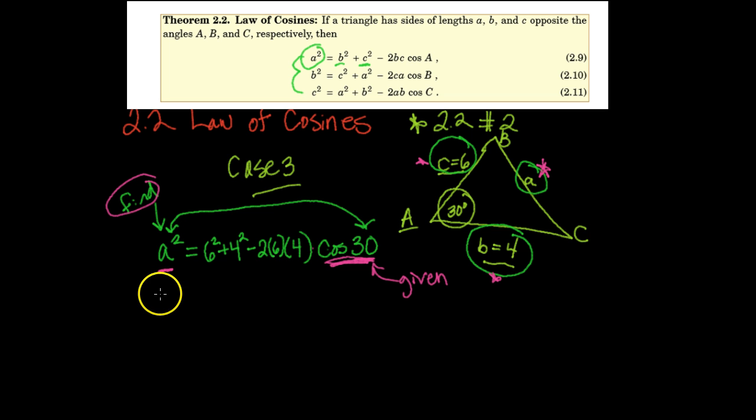So basically, A is going to equal, now we wouldn't use plus or minus, the square root of 6 squared plus 4 squared, and we can clean up this part. So 2 times 6 is 12, 12 times 4 is 48, so it's minus 48 cosine of 30.